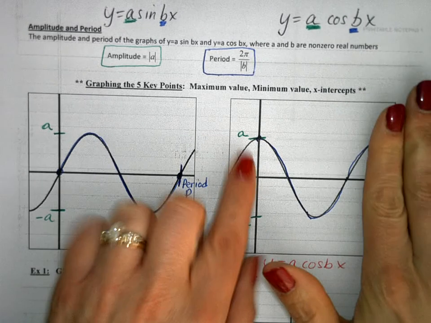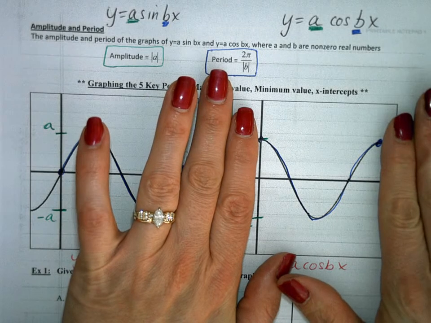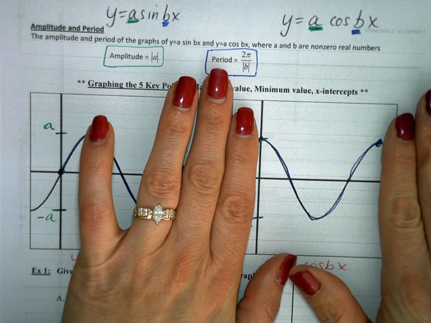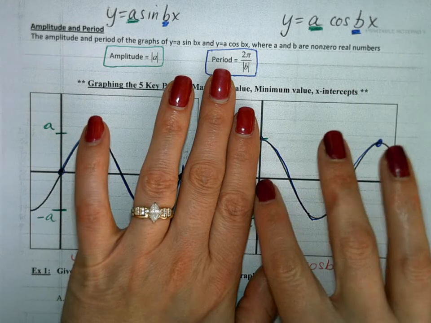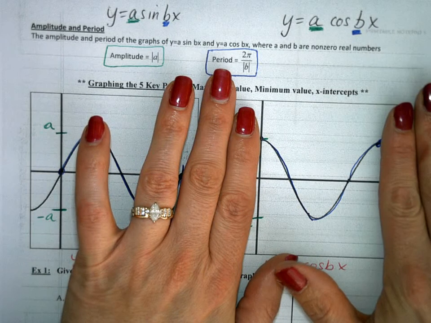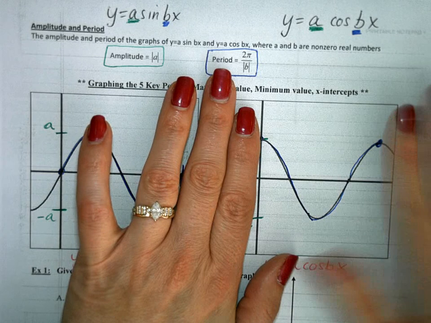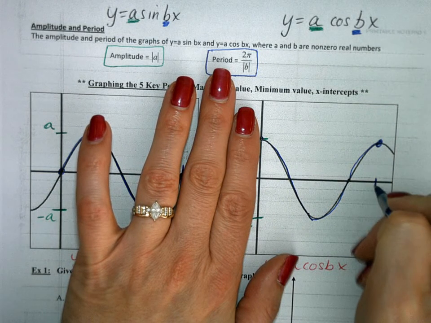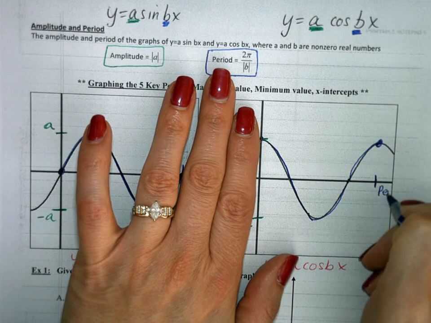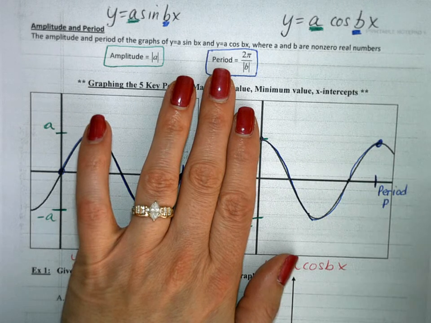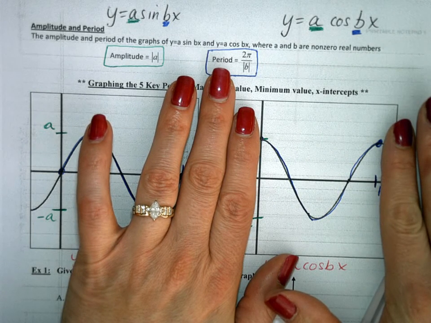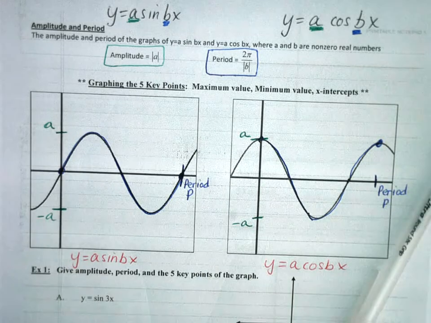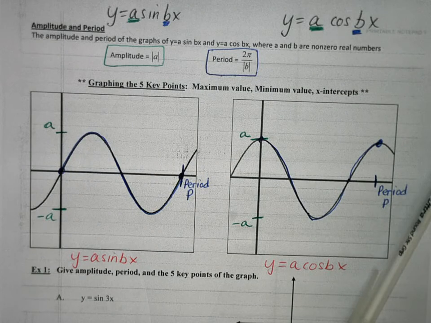This is one cycle of cosine, which means that the distance along the x-axis to get through that one cycle is the period. So this is going to be the period P. Does that make sense to everybody? Okay. And I find that period by doing 2 pi divided by the absolute value of B.